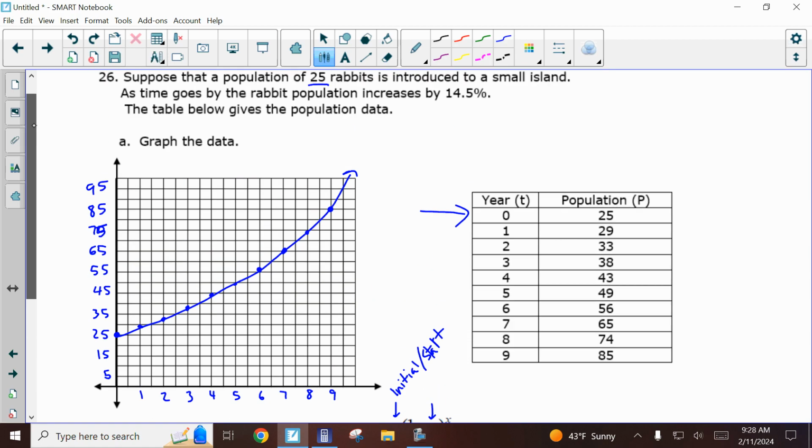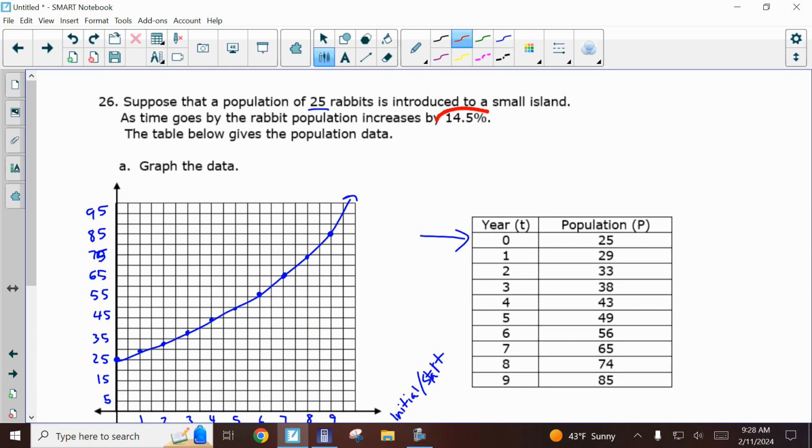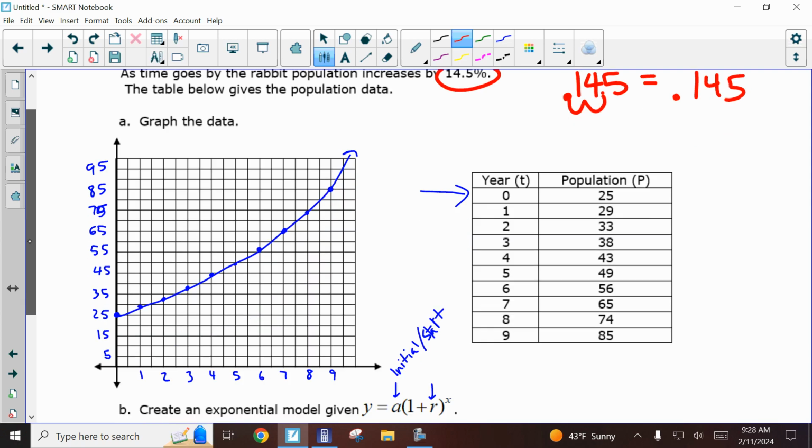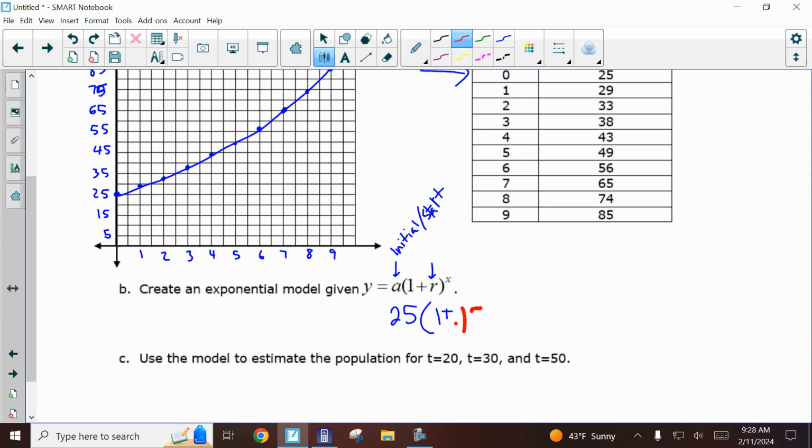Now R is in the story. R is at 14.5%, but we have to convert that. 14.5 moves left 2 goes here, so that's going to be 0.145. So we got to stick that in, 0.145.